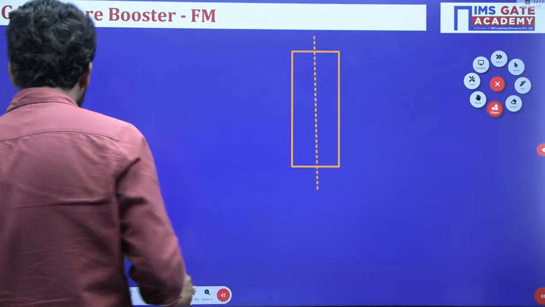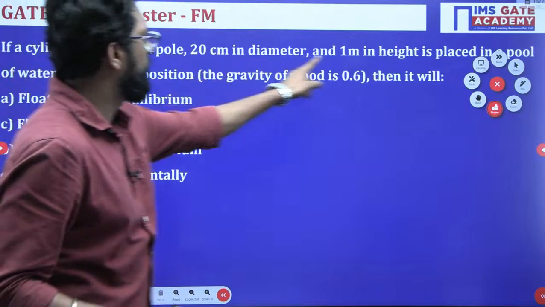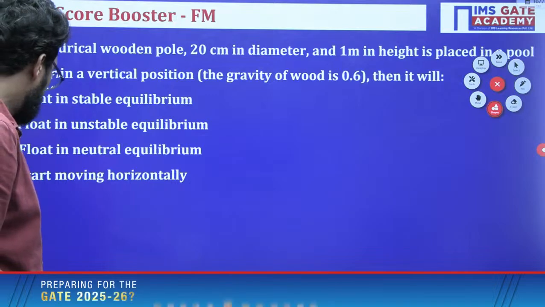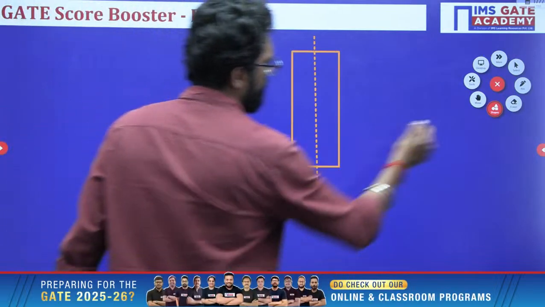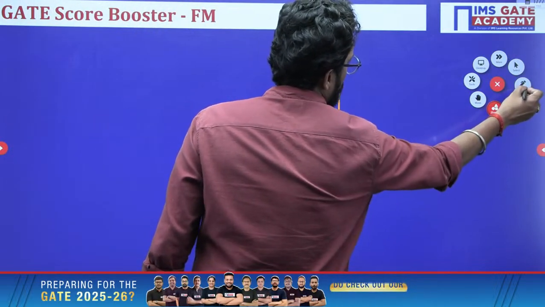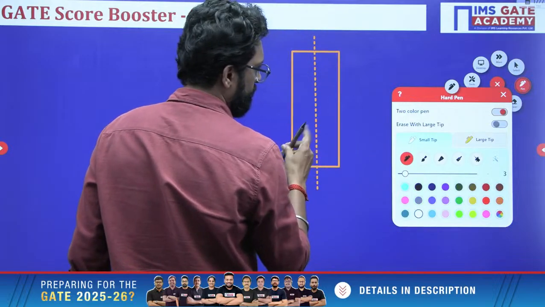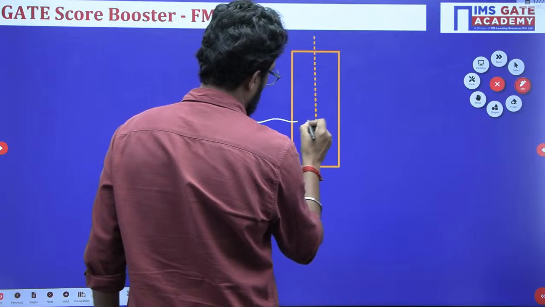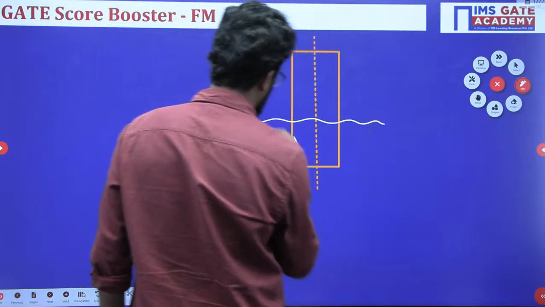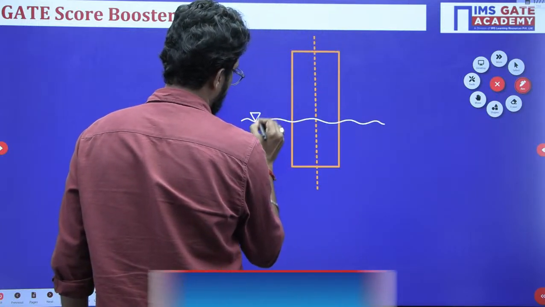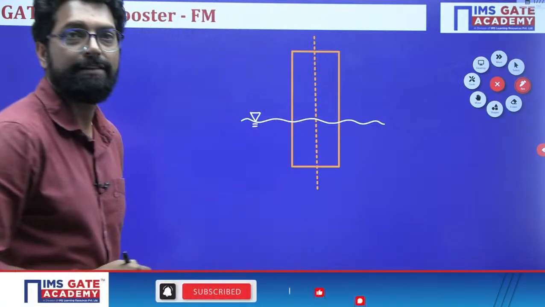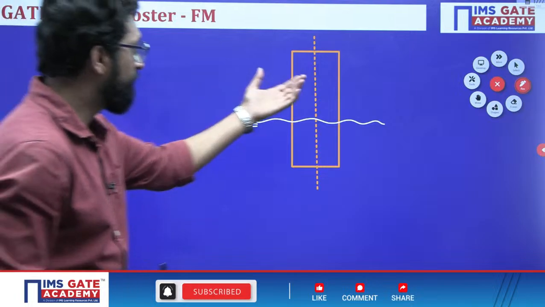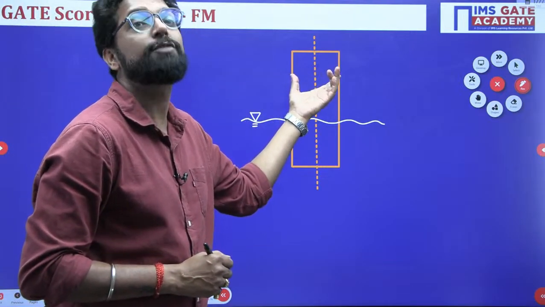See, it is placed in a pool of water in a vertical position. Let's suppose this is your water. It will be placed like that inside the water, and it will float. And the property of the wooden cylinder is given as a specific gravity.